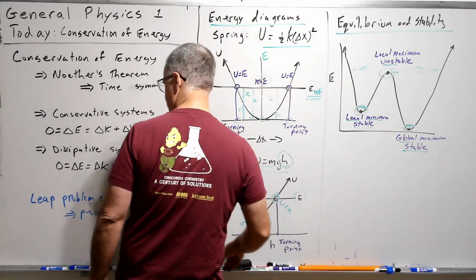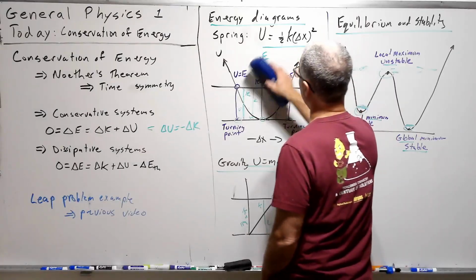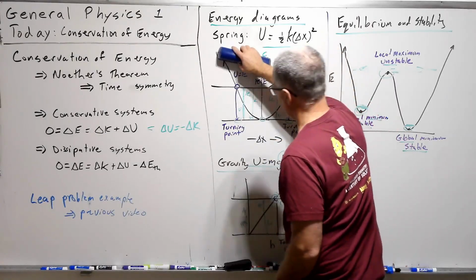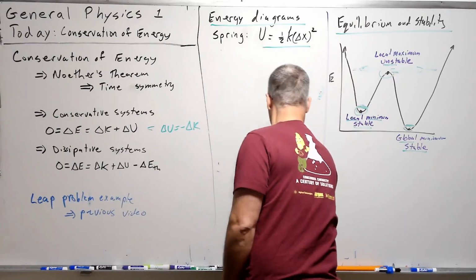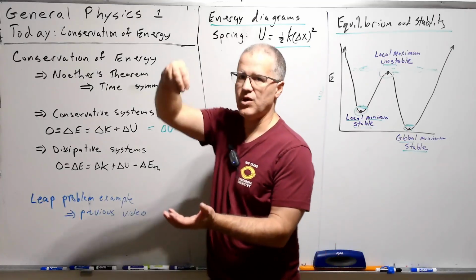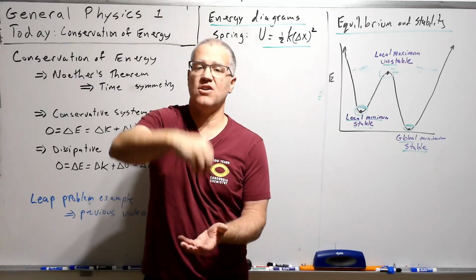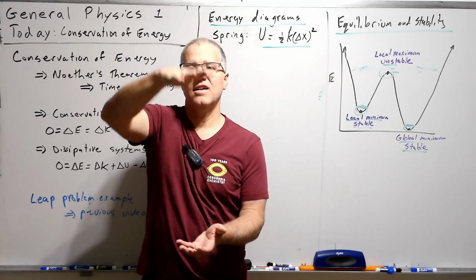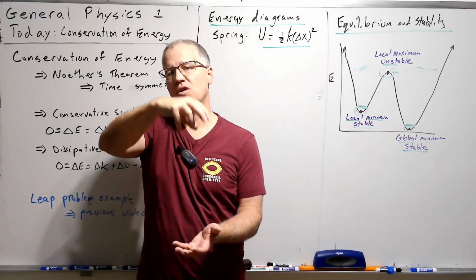Okay, I want to go through what about a dissipative system. These have all been conservative systems. So I'm going to erase this and redraw the spring, but for a dissipative system. Let's imagine a real spring. We let it go. It's going to oscillate for a long, long time, but because it's in air, there's some drag, and every time it comes back, it doesn't quite come all the way back.